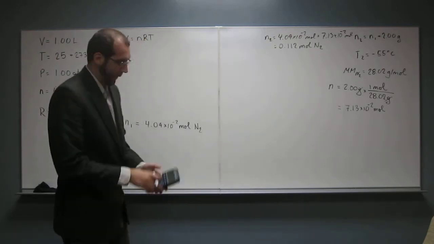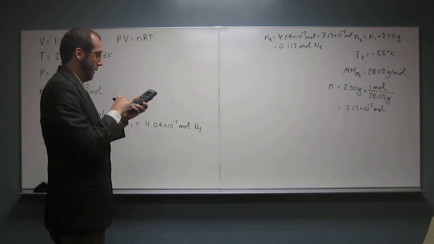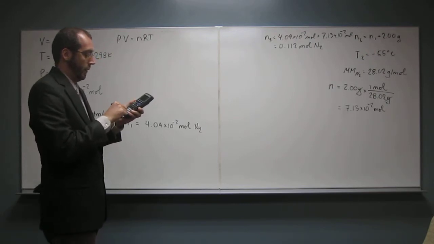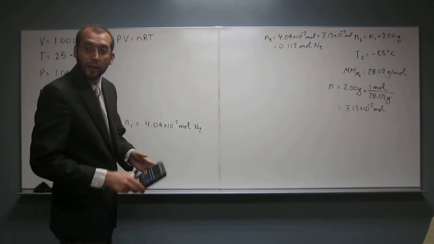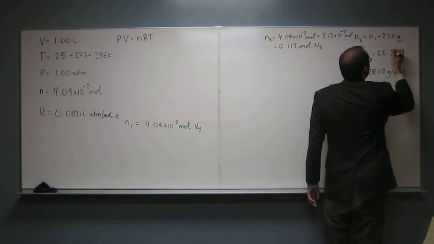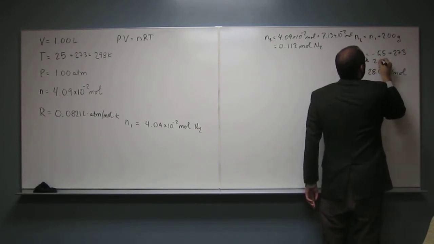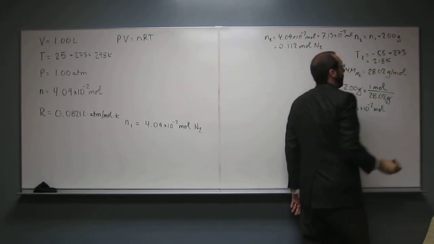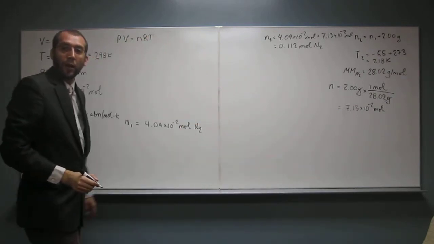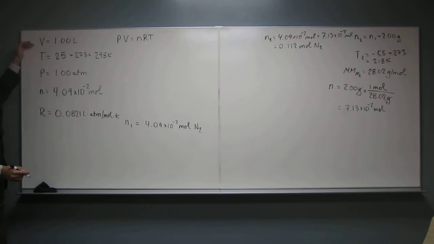So negative 55 plus 273 is going to give us 218 Kelvin. Notice it didn't tell us that we changed the volume of the flask, nor the pressure.